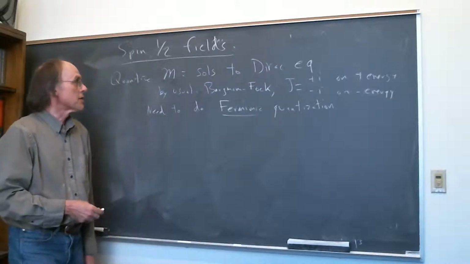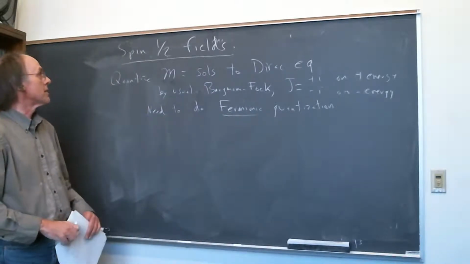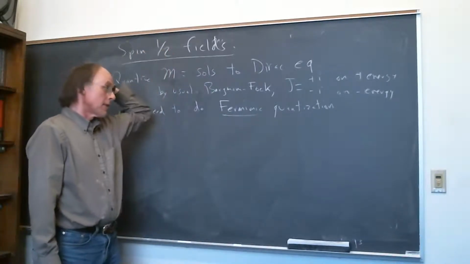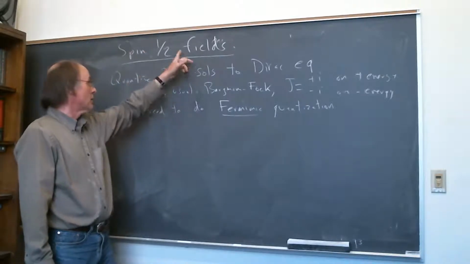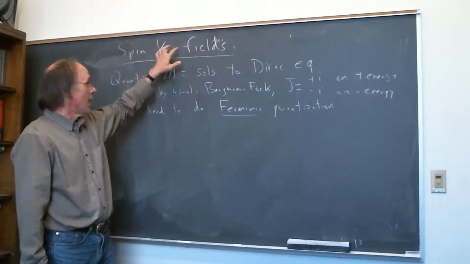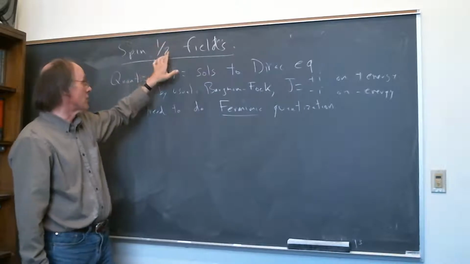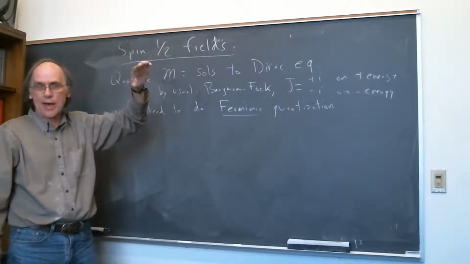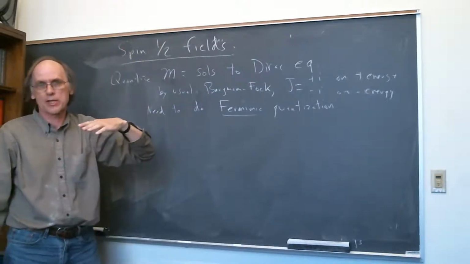This is part of a more general theorem that says there's going to be a problem if you quantize anything with half integer spin, like spin half, spin 3 halves, spin 5 halves, with bosonic quantization.